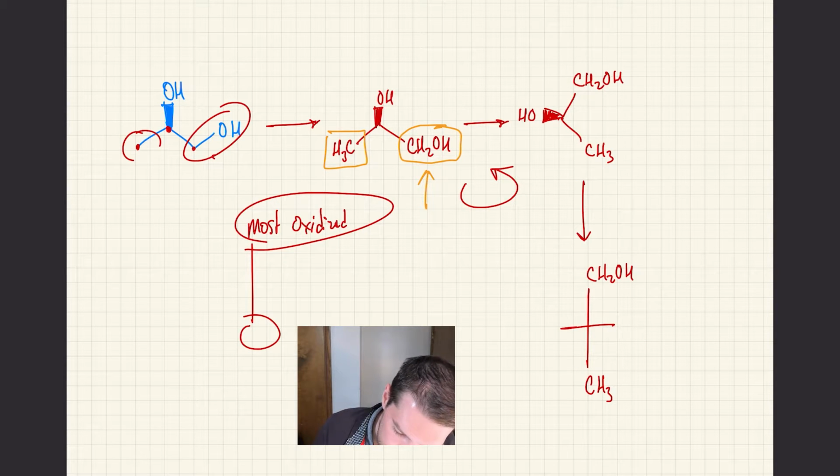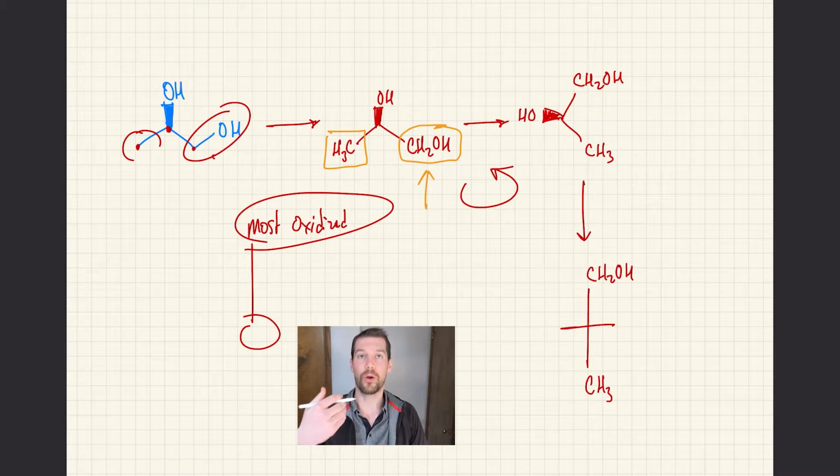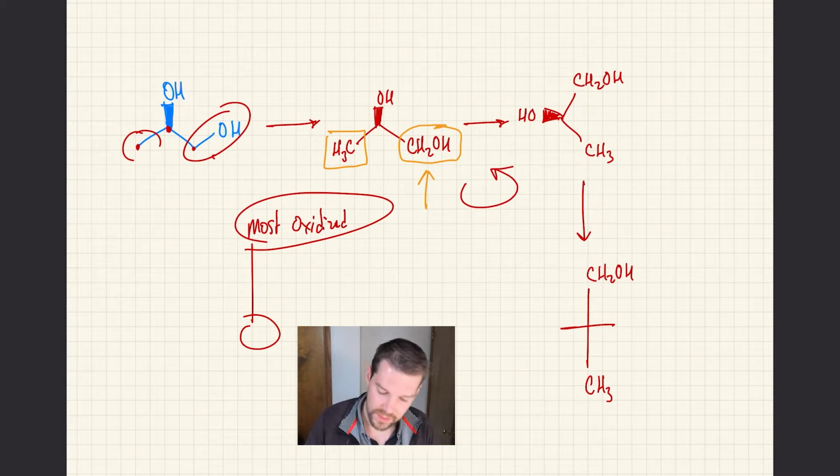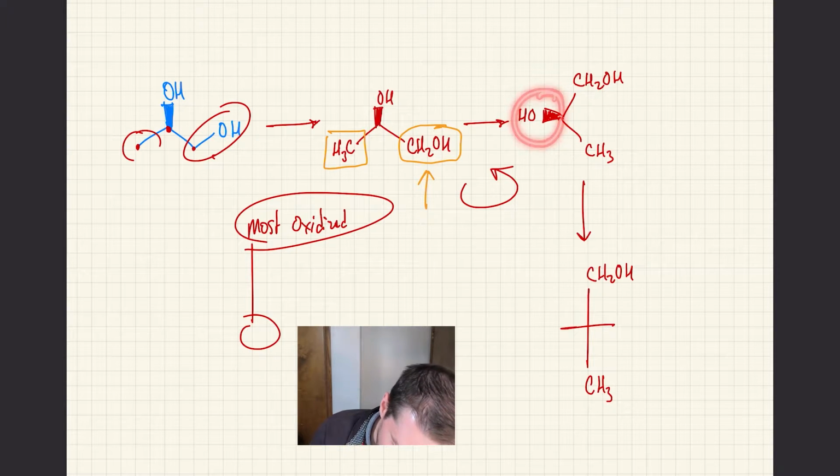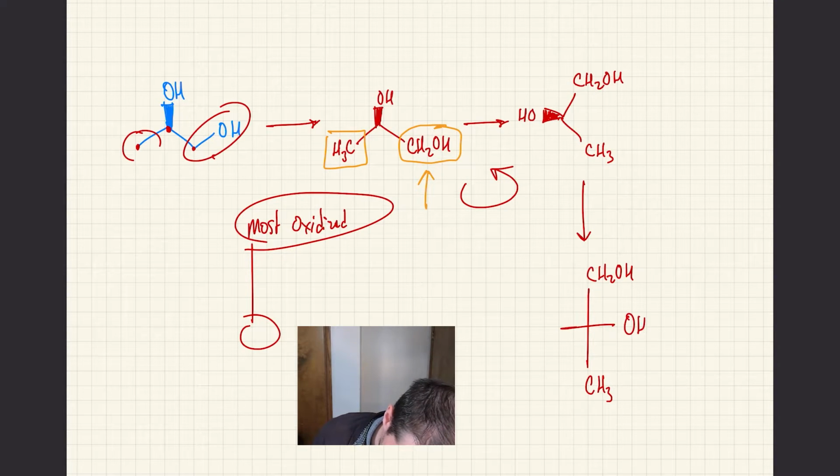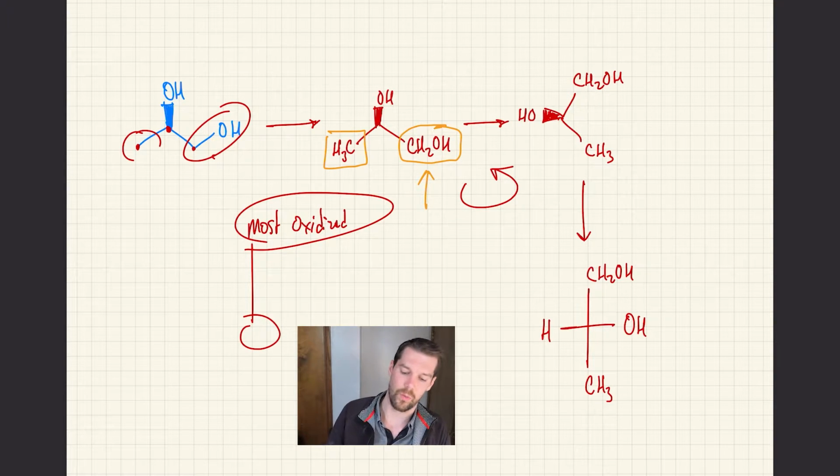So this OH group right here is coming toward me. And so if this is coming toward me, when I flip this over in this direction, it's going to end up being on the right. So there's my OH, and my H would then be on the left.